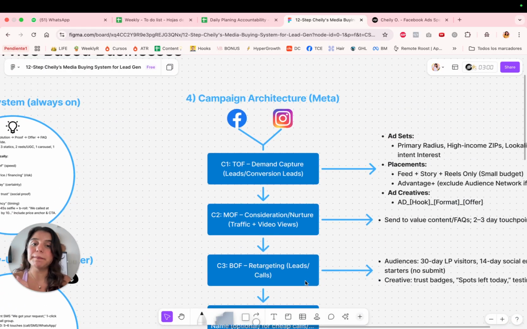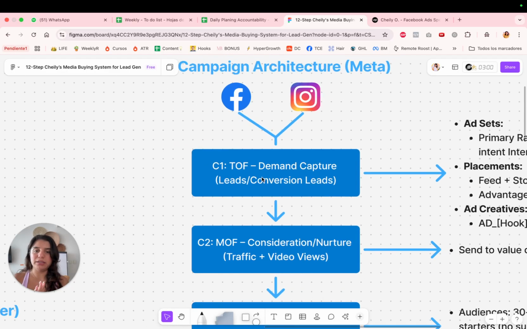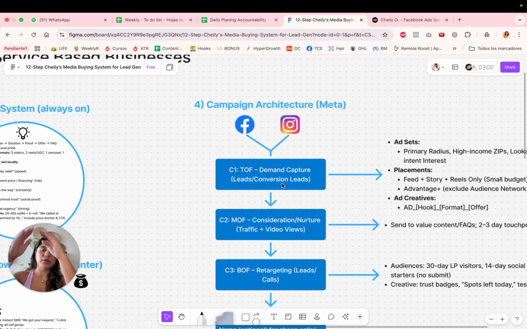Now, the campaign structure. Here we're going to create a campaign based on different levels of our audience, right? We have the top of the funnel, middle of the funnel, and the bottom of the funnel. So the first part is all about capturing the demand, either through leads from a Facebook form, native on Facebook, or by creating a landing page.